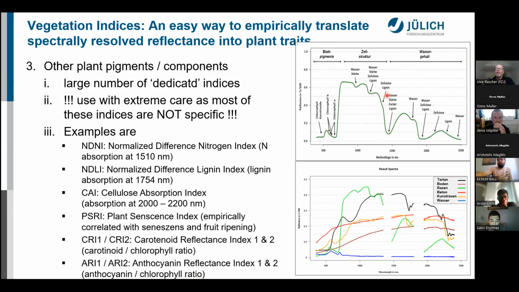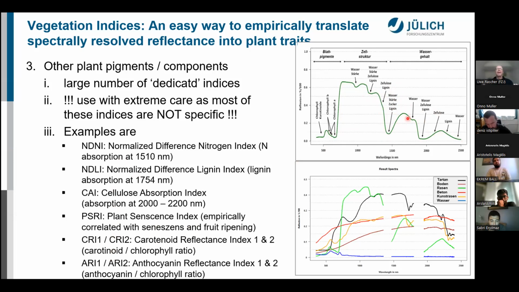There's, however, a danger behind this. And the danger is that while chlorophyll is really specifically absorbing here, in the near infrared, lignin, for example, or starch, is absorbing in the range where water also absorbs a lot. So there's a lot of overlap and non-specificity in all these indices which I have mentioned here, because the absorption features, especially in the shortwave infrared, are not as sharp as the chlorophyll one, and they are overlaid and not specific.